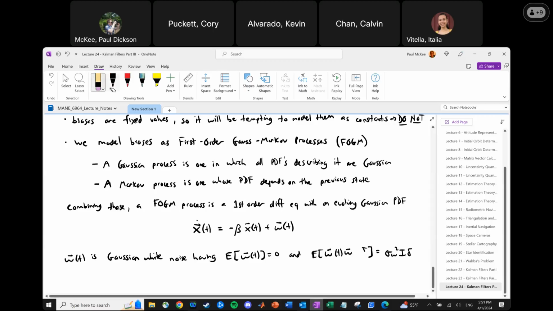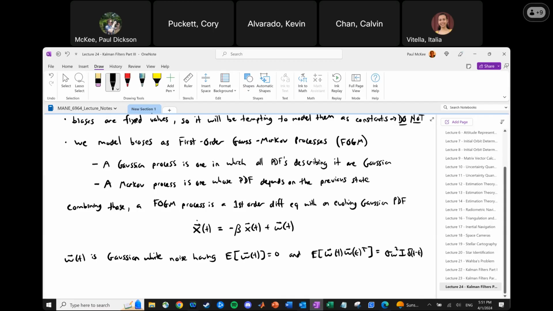This is to say that it is white noise, so it is completely uncorrelated with itself over time. So this is delta of t minus epsilon. But if you're talking about the covariance of the noise with itself at the same time, it's going to be sigma omega squared times I. That's the idea. So it's going to be some standard deviation squared times the identity matrix. So none of this is news. This is the white noise that we're used to seeing from before.